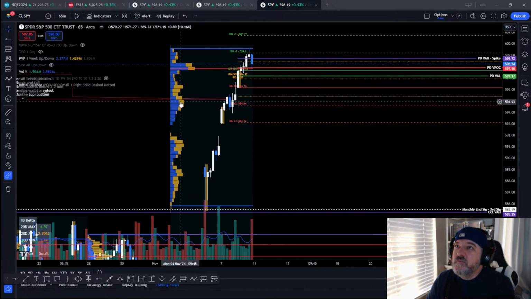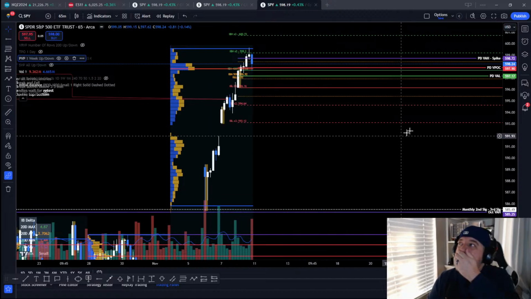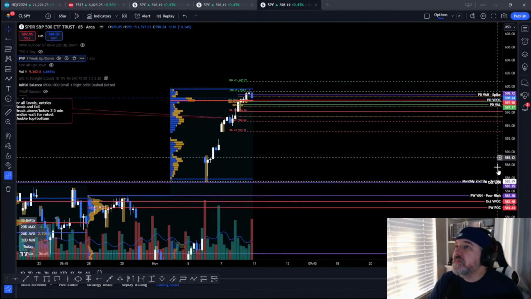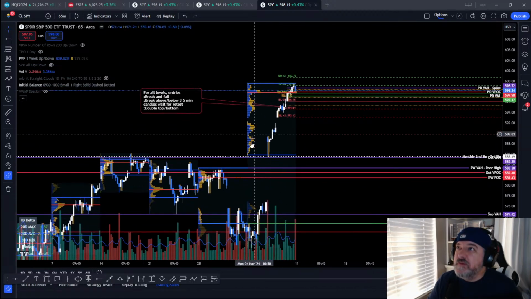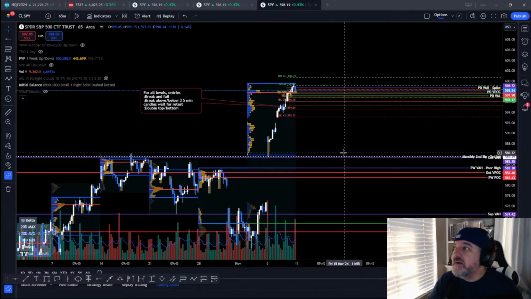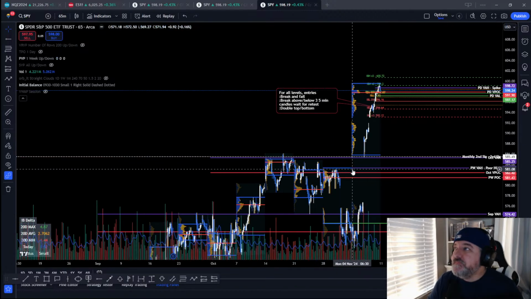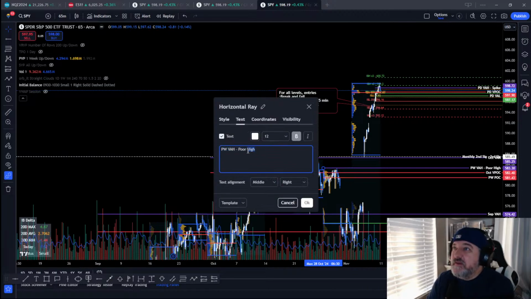If you're wanting to learn more about this, definitely tune into the class on Sunday because Shorty will be going over this more. This has got to be the wildest volume profile I think I've ever seen in my lifetime. So from here, we're just grabbing our previous week levels.